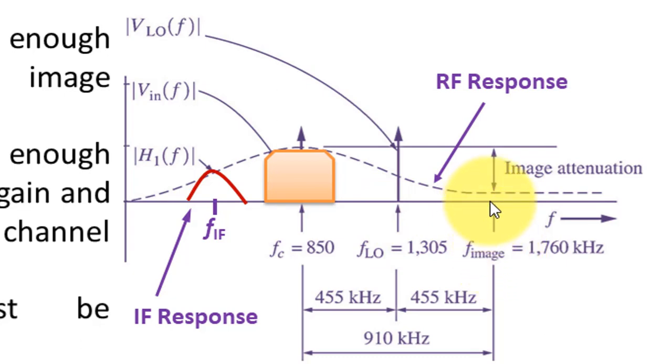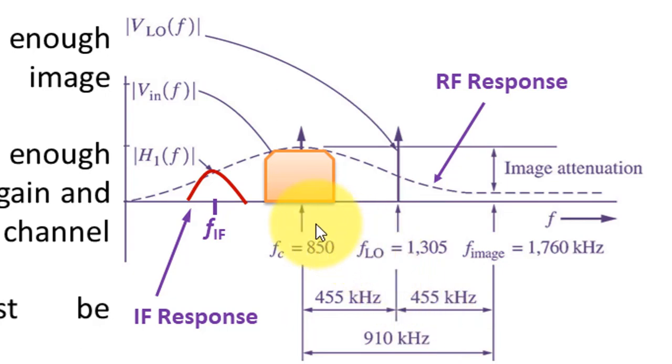At this point we will receive the image of the message signal. To avoid that, we have to make sure that the signal bandwidth is less than twice IF, that is 910 kilohertz.